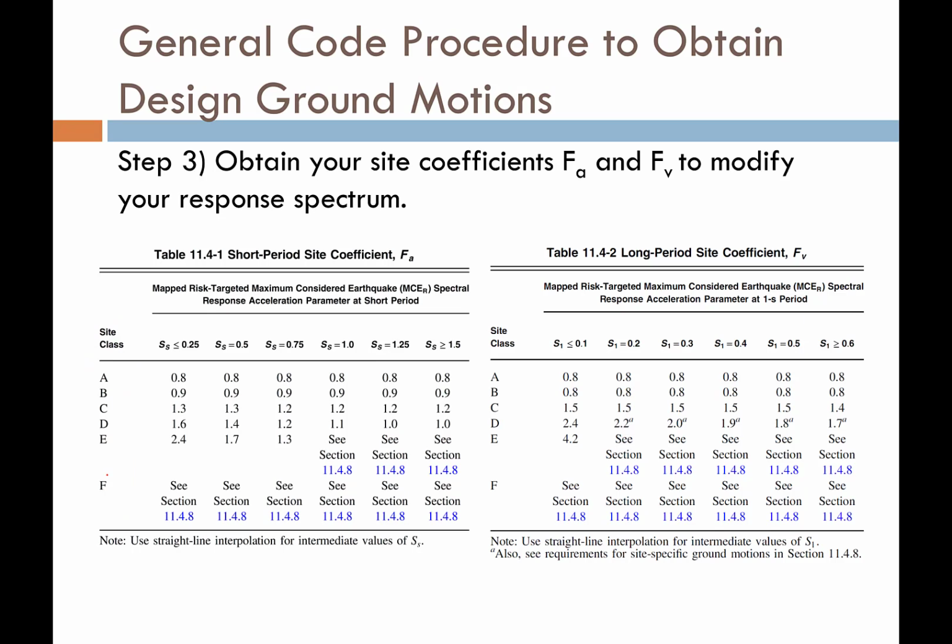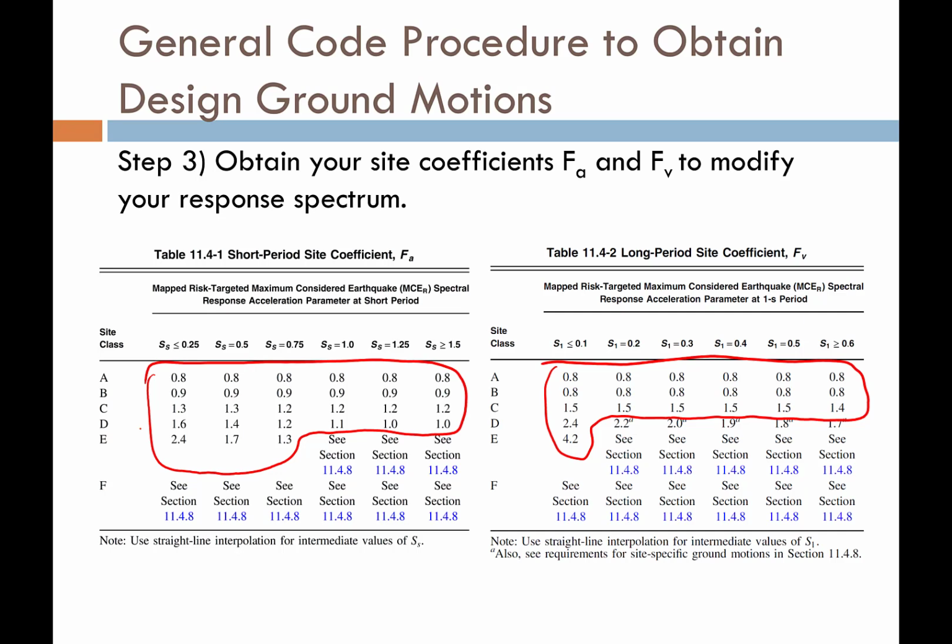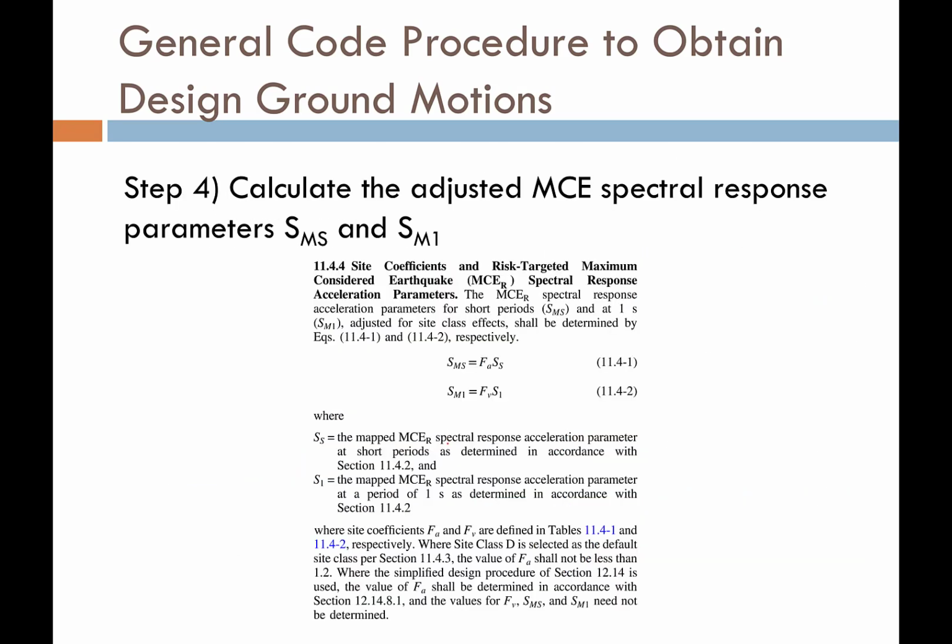So only if you are in essentially this region here and this region here can you really perform this generalized code procedure. Everything else is going to require a site-specific approach, which we'll talk about in a little bit. But assuming you're in one of those regions on those tables, you can move on to step 4.